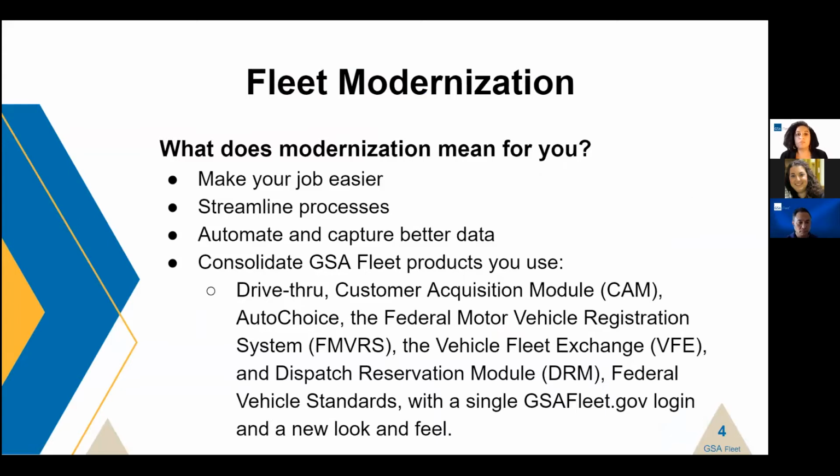We want to streamline processes where we can, automate where we can, and make sure that we're capturing better data so that you are able to do all of the things that you need to do efficiently, consolidating all of the products that you use listed below: drive-through, CAM, auto choice, FMVRS, VFE, like I mentioned in the other slide as well.